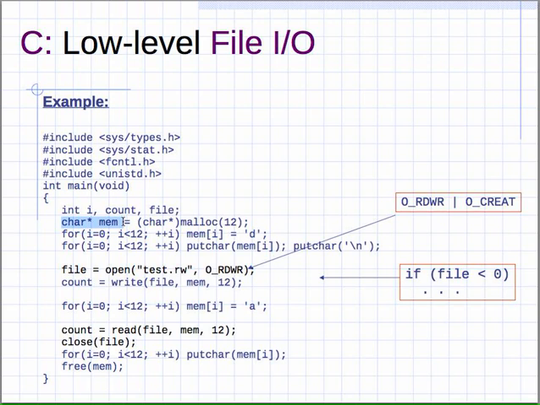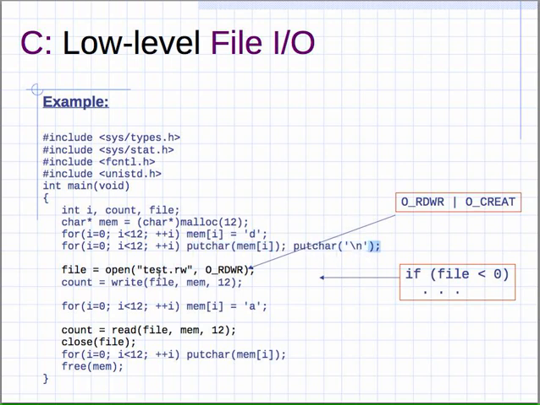In this case, it's not a string because it's not null terminated. And so we have a raw array of 12 bytes, which we set to all D's, and we print it out using a putchar function, followed by a new line.